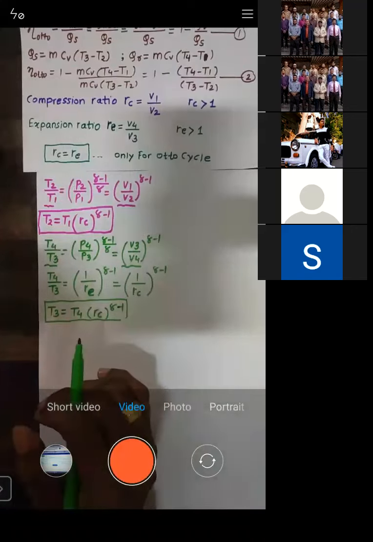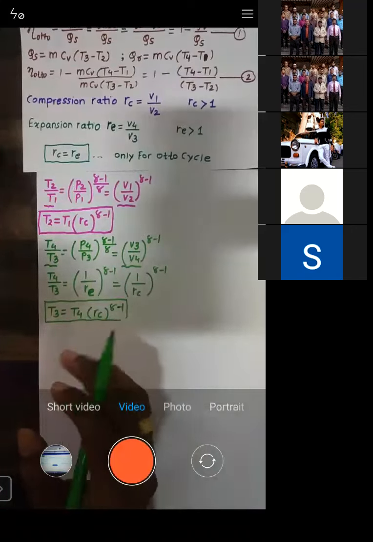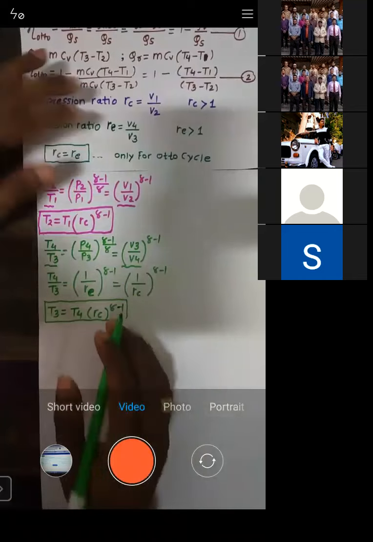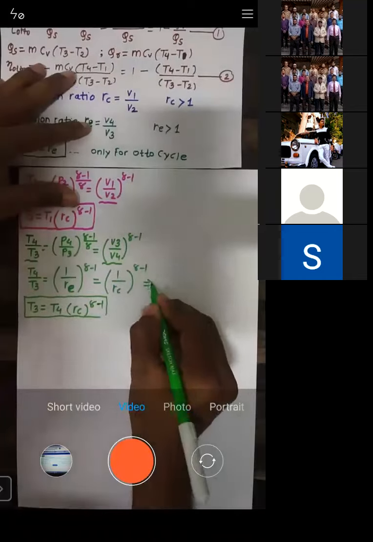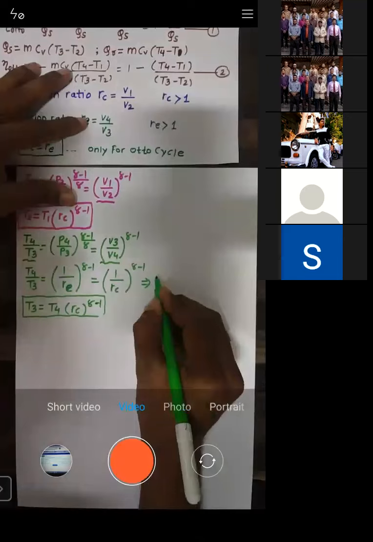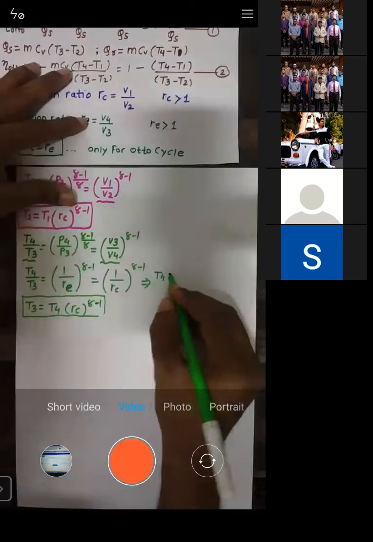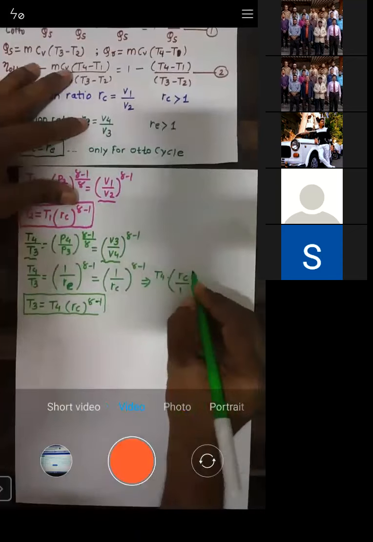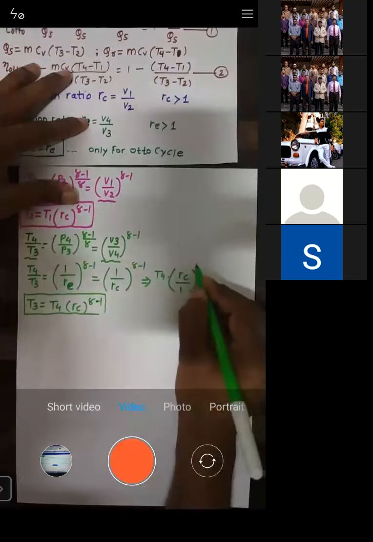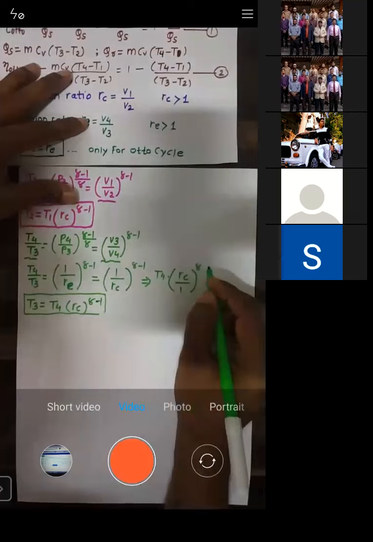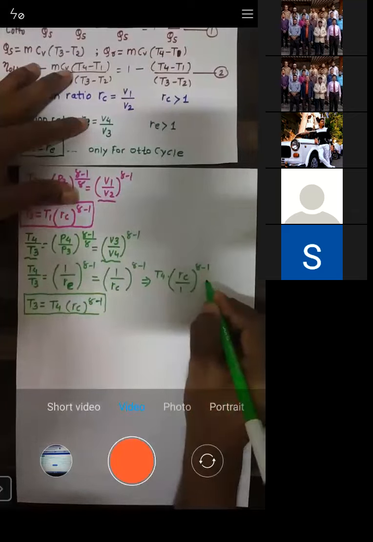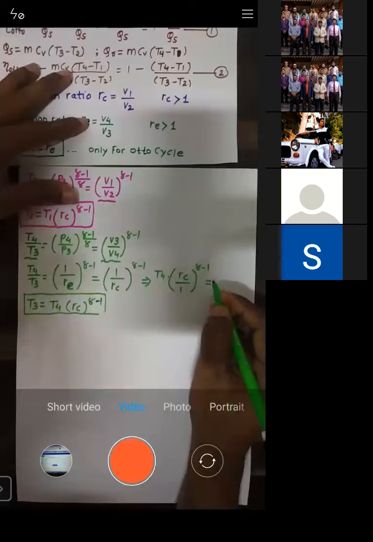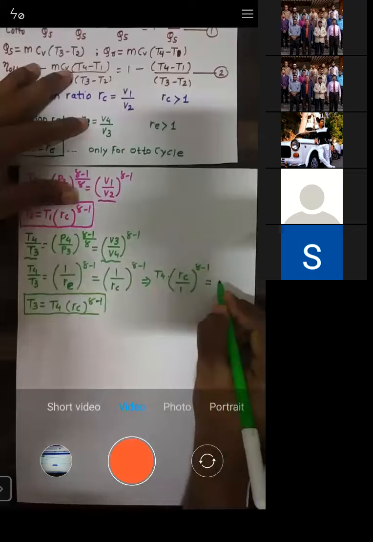So I will write down here: T4 into RC raised to power gamma minus 1 is equal to T3.